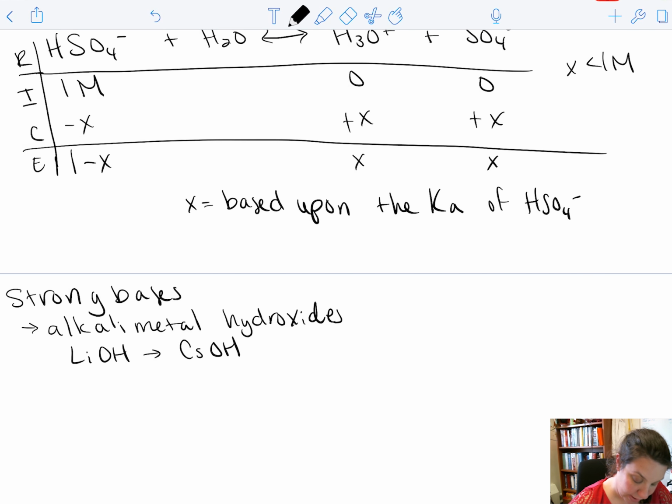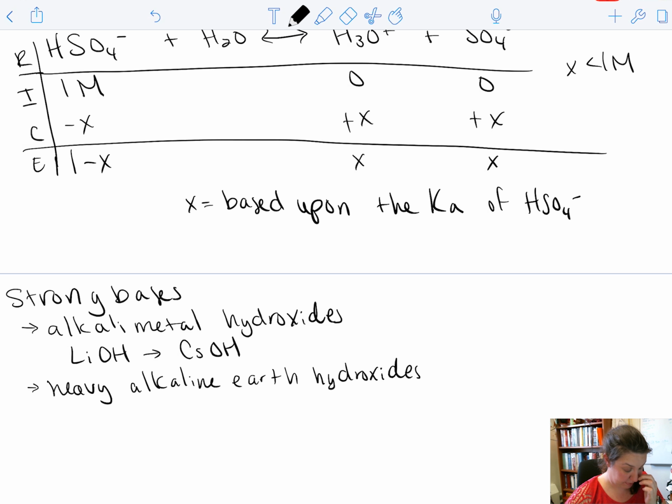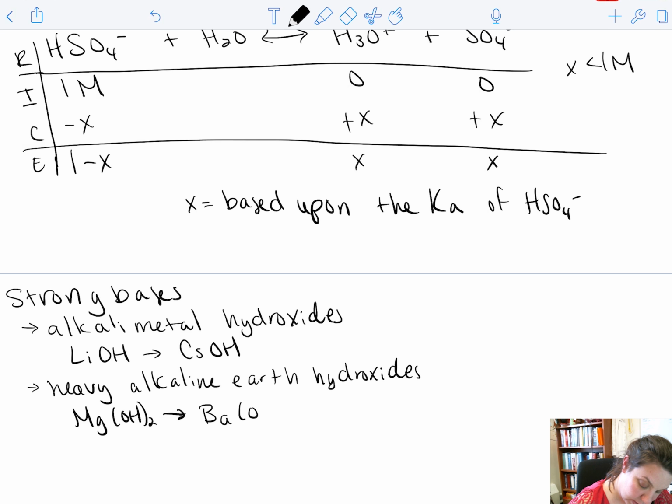And then we've got our heavy alkaline earth hydroxides. So this goes from magnesium hydroxide down to barium hydroxide, and then all of them in between.